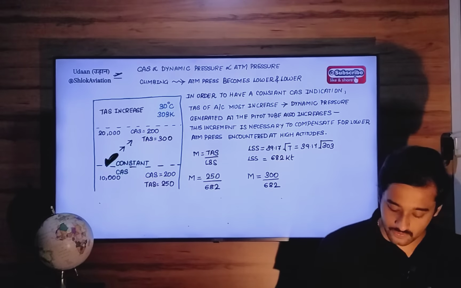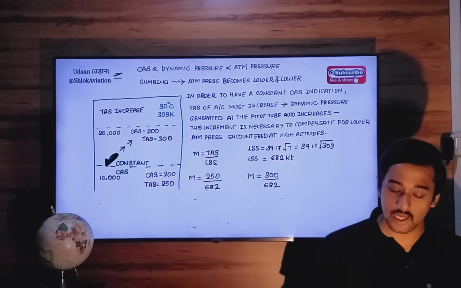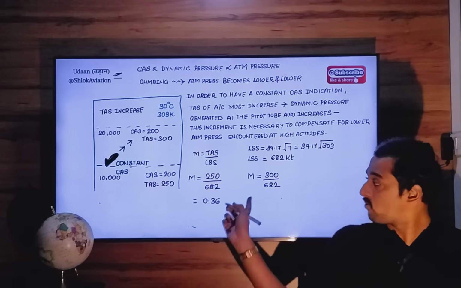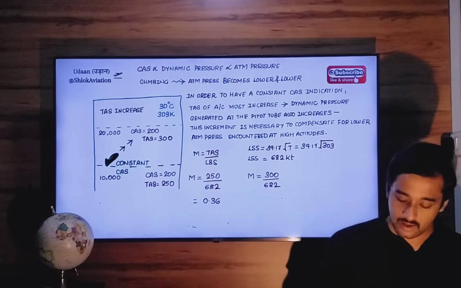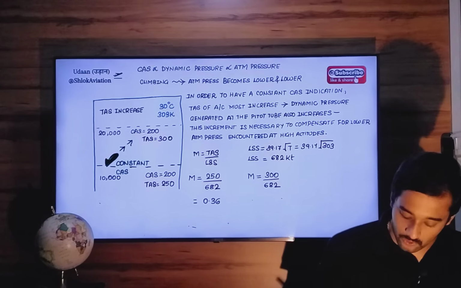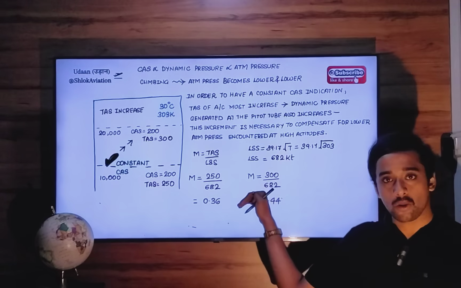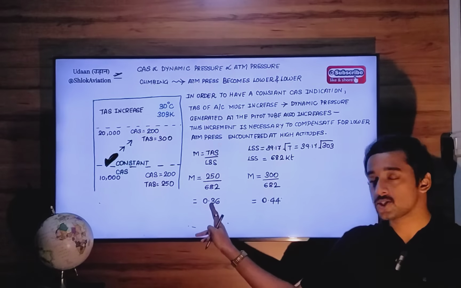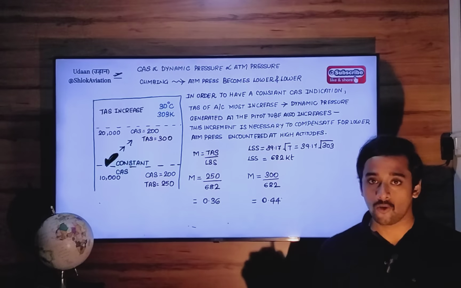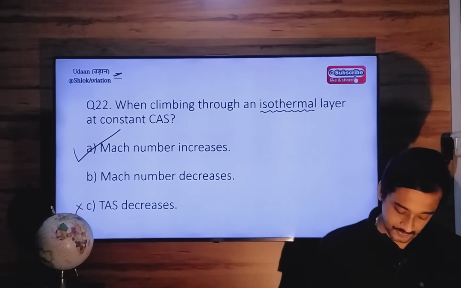So 250 divided by 682 is 0.36 Mach, and 300 divided by 682 becomes 0.44. So when you climb from 10,000 feet to 20,000 feet, Mach number increases from 0.36 to 0.44. So the correct answer here will be Mach number increases.